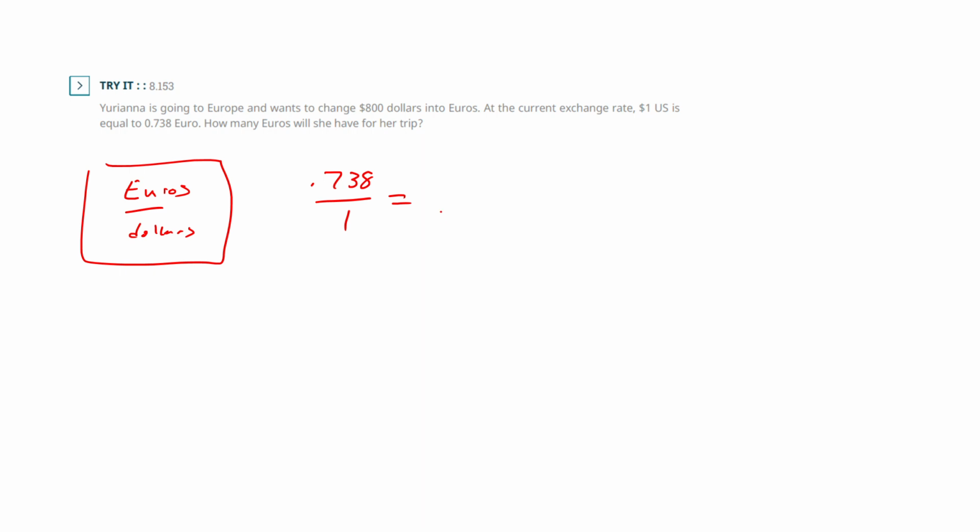They gave me dollars, and we want euros. So let's lasso. I get x equals 800 times 0.738. Okay, now the monies have different symbols. I don't know what the symbol is for a euro, but I'll just throw euros on the back of there.